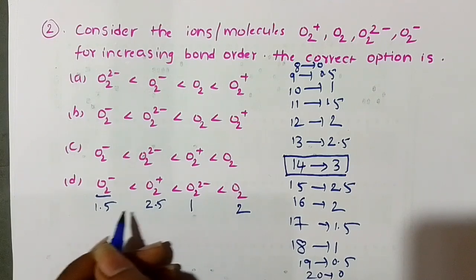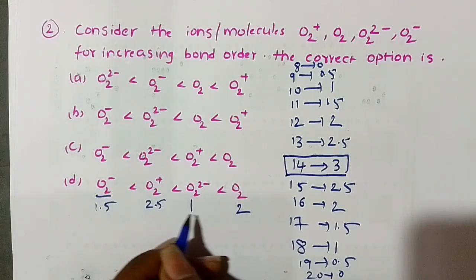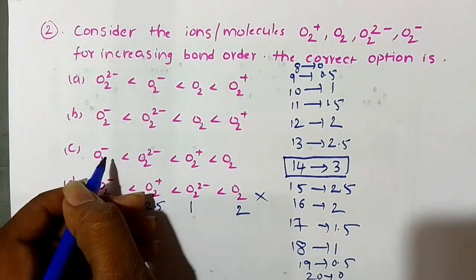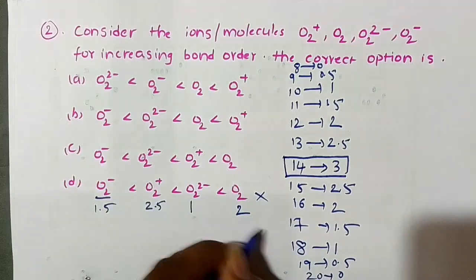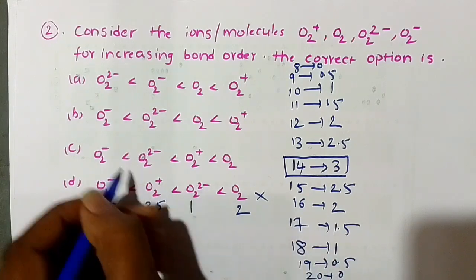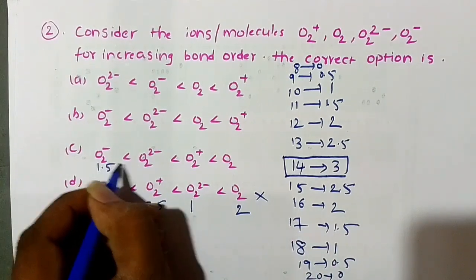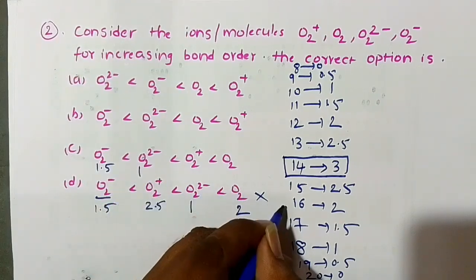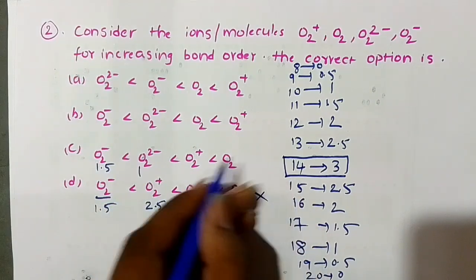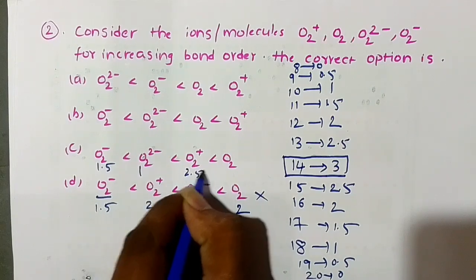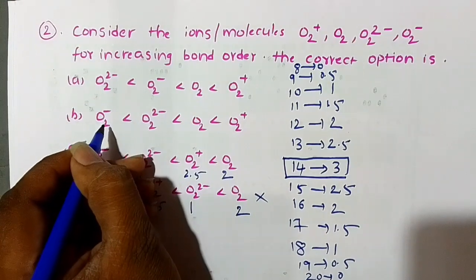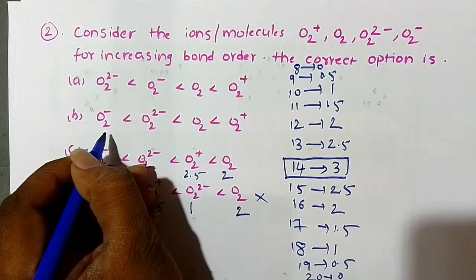Is it the correct order? 1.5, 2.5, 1, 2. It is not the correct order. This is wrong. Next, O2- has 17 electrons, 1.5.